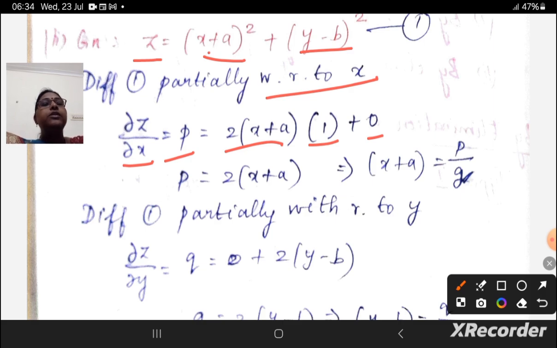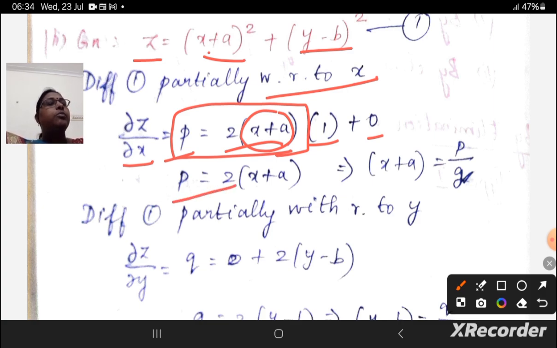So p = 2(x + a). Rearranging, taking the 2 to the denominator, x + a = p/2.